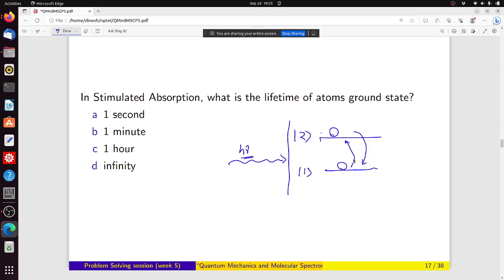If you don't interfere with this system, that means you don't supply any energy, then they will prefer to stay in the ground state forever. So in this question, for stimulated absorption, the lifetime of atoms in the ground state will be infinity.